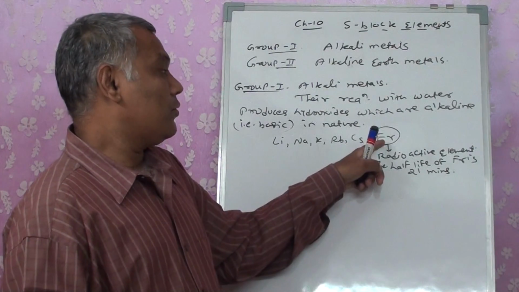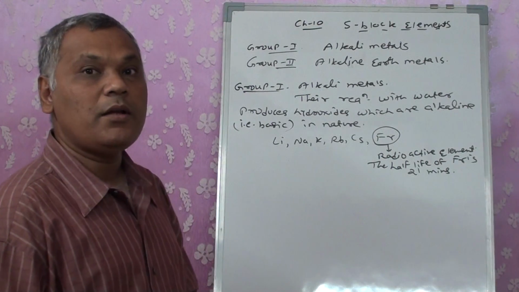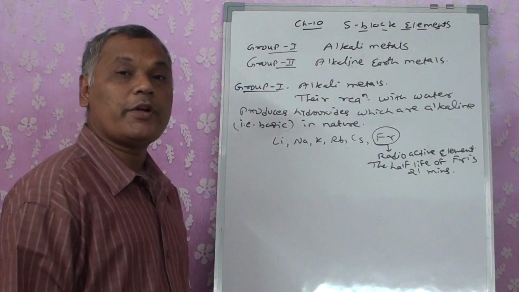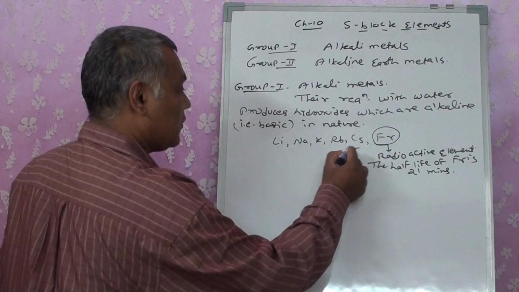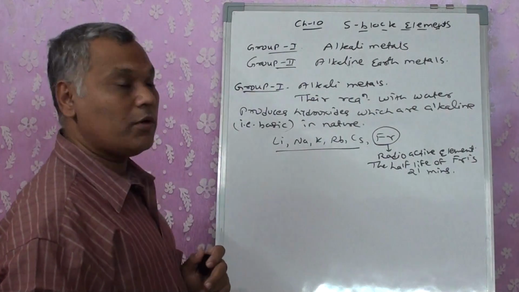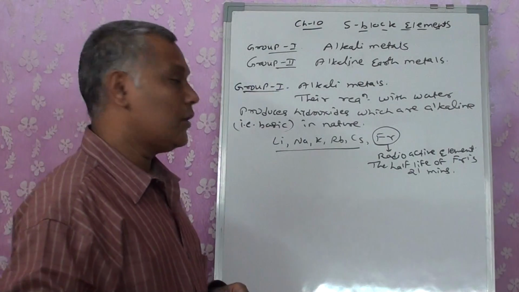So these types of radioactive compounds are very difficult to handle, and it is very difficult to carry out their chemical reactions. So whatever we are going to study will be only about the rest of the 5 elements: lithium, sodium, potassium, rubidium and cesium.